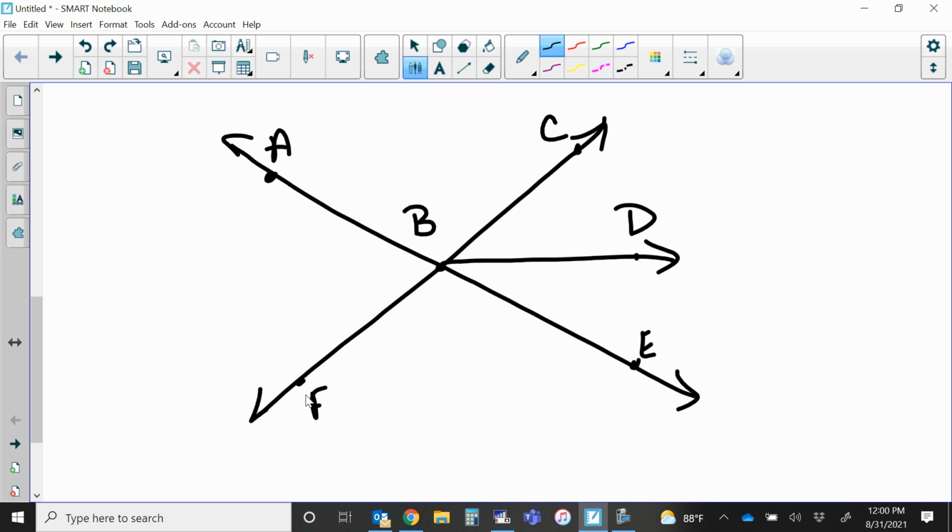All right, so on this one, they're going to ask me to prove. Actually, let me write this the way they're going to write it in the book. They're going to give you a given first. What do we know about BD? What does it do to CBE?